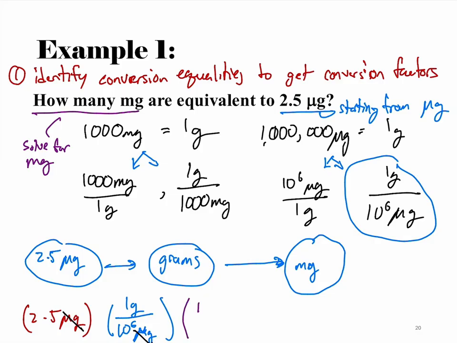So we use 1,000 milligrams per 1 gram. The grams cancel out, and all we're left with is milligrams, which is what we want. You can then plug this into your calculator, and you'll get 2.5 times 10 to the minus 3 milligrams.